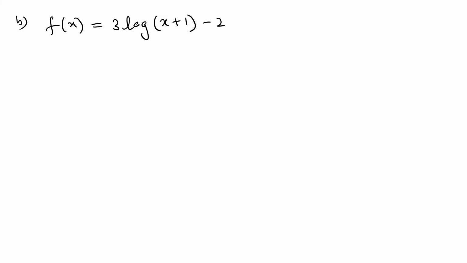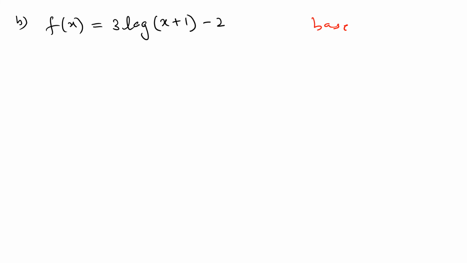So we have f(x) equal 3 log(x plus 1) minus 2, and you can see that here is a log, that means the base 10. So the base is 10. First we can graph this function using a step-by-step approach.